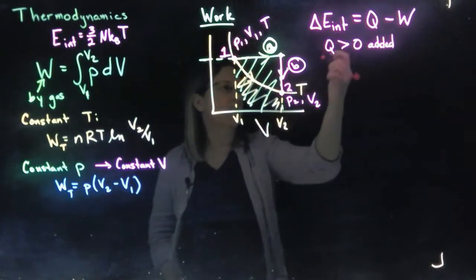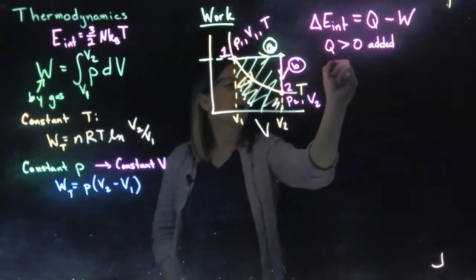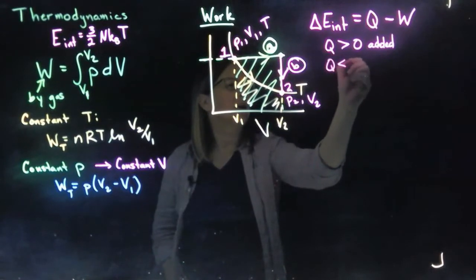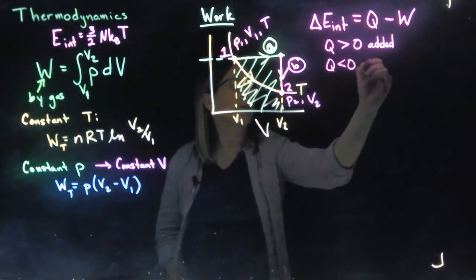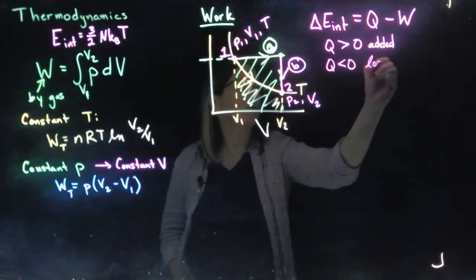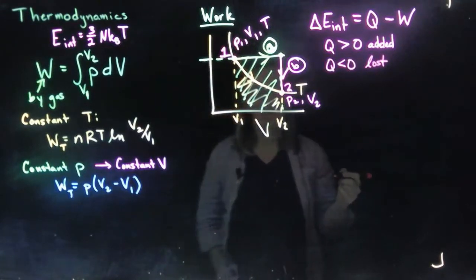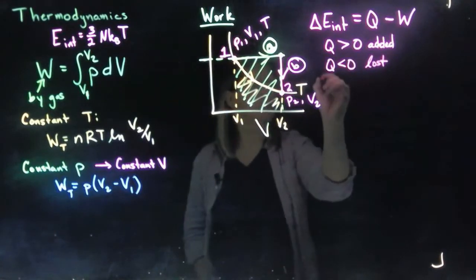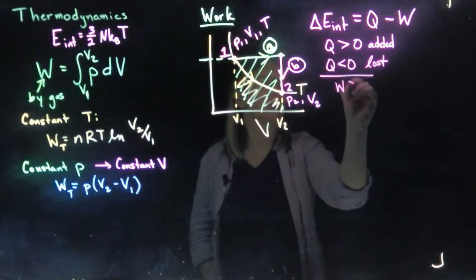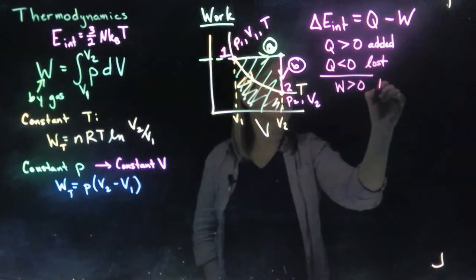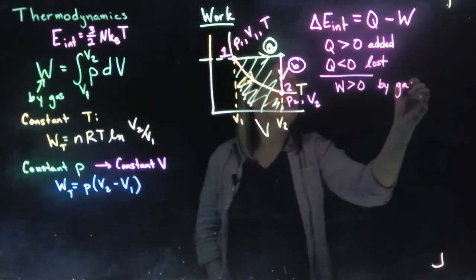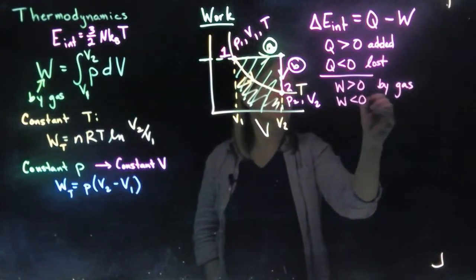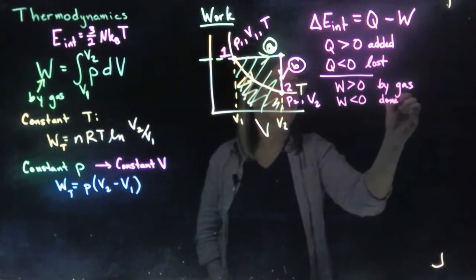The temperature could just stay the same. If we have heat less than 0, that would be when it's lost or removed, okay? And similarly, just so we have a consistent convention, work is greater than 0 when it's work done by the gas, and work is less than 0 when it's done on the gas.